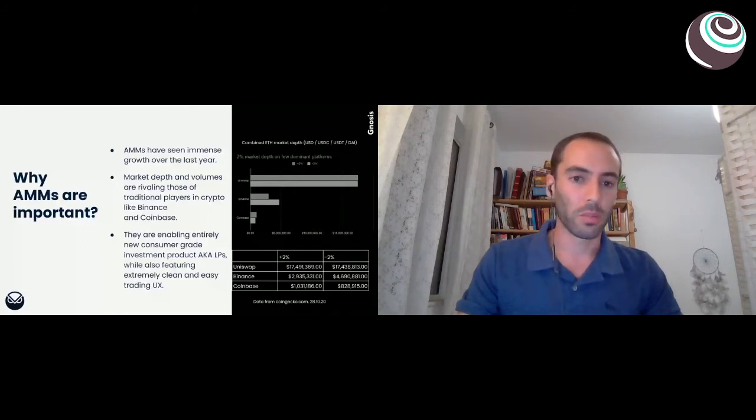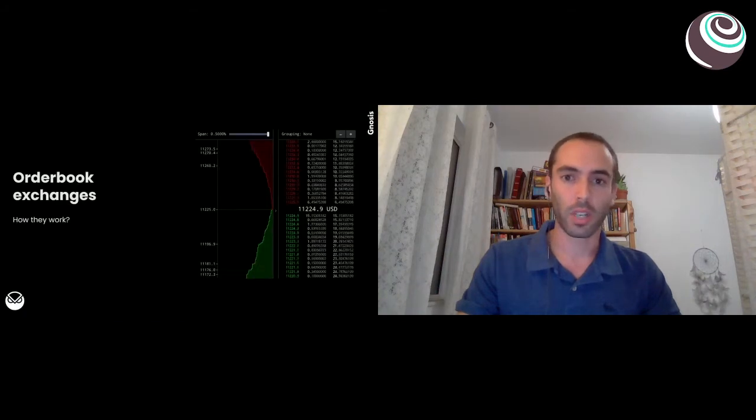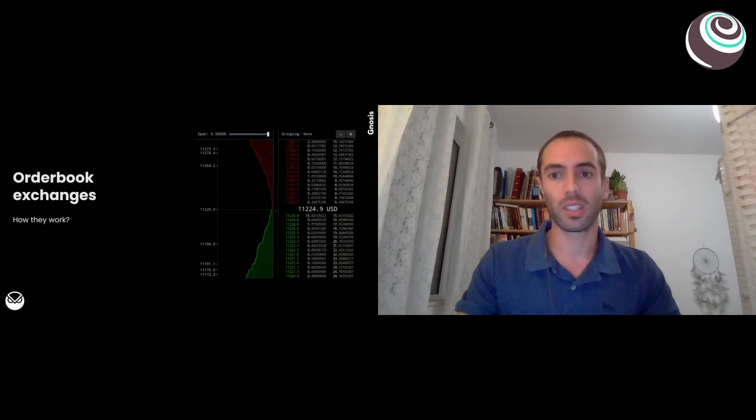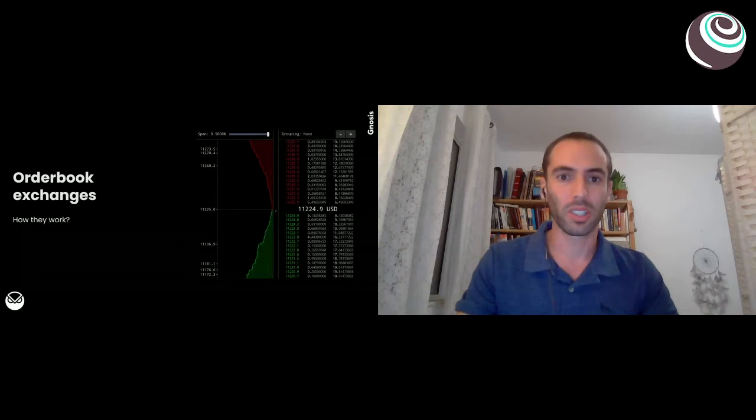From here, I want to jump in and explain a little bit about order book exchanges, how they work, and how liquidity works on order book exchanges. So here you can see in the slide the live order book of an exchange, and the order book exchange operators keep all limit orders in a list, which is called the order book.